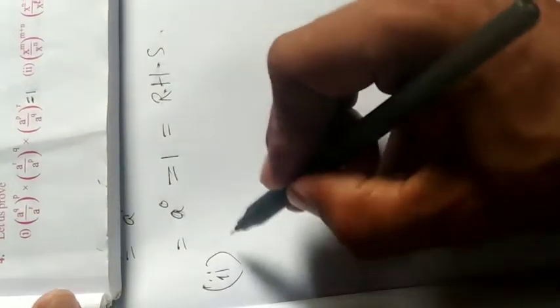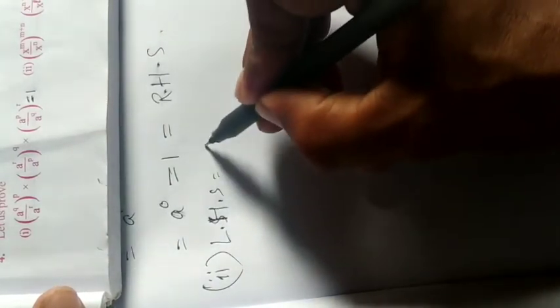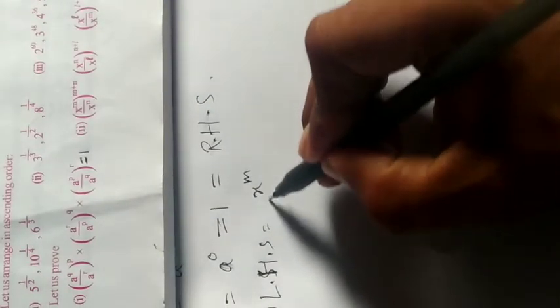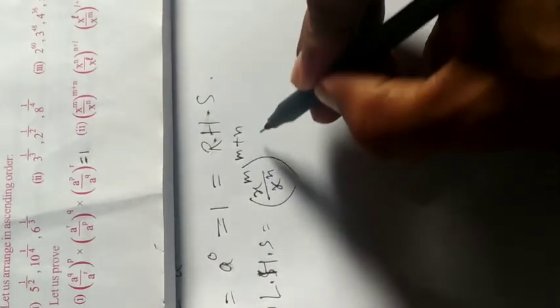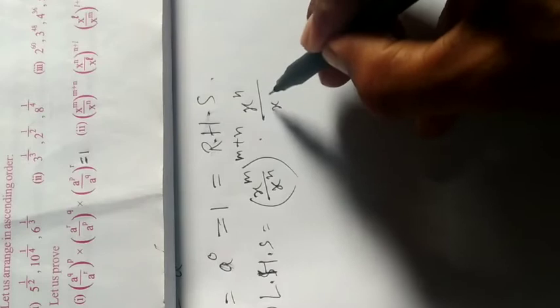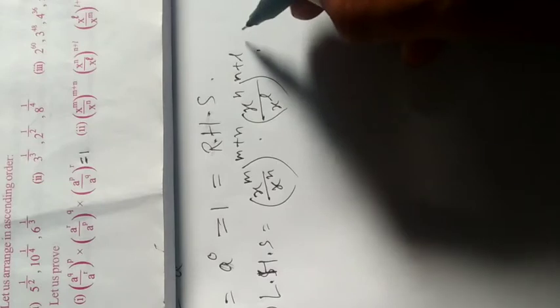Now question number 2, left hand side is equal to x to the power m by x to the power n, to the power m plus n, into x to the power n by x to the power l, to the power n plus l, into x to the power l divided by x to the power m, to the power l plus m.